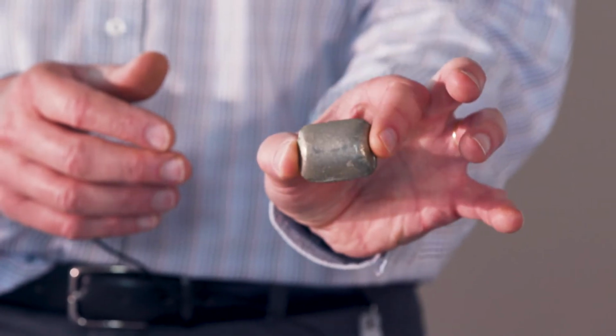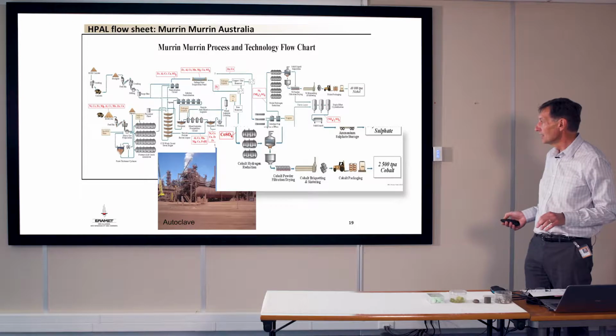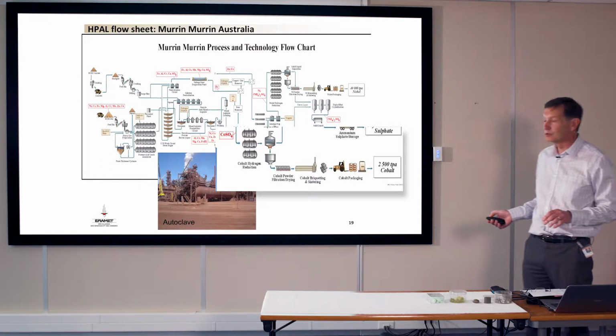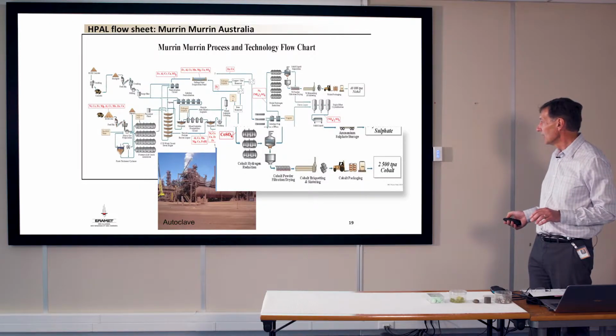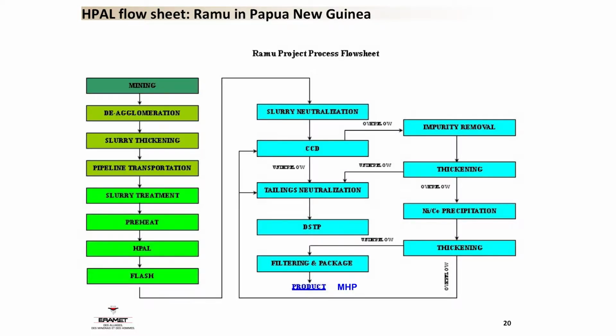And that's nickel pellets coming from Murrin Murrin. It's the same thing for the cobalt: reduction of the cobalt in a specific autoclave by hydrogen and production of cobalt pellets. Another type of process on the HPAL flow sheet is Ramu in Papua New Guinea.